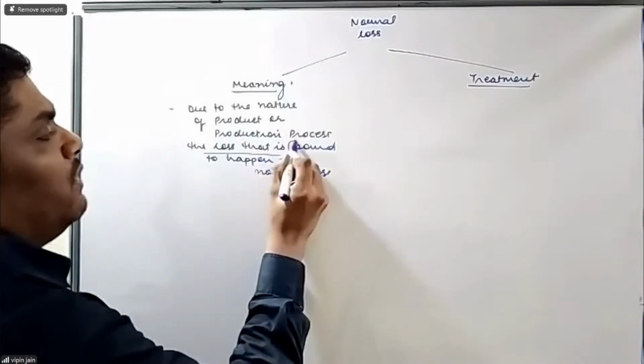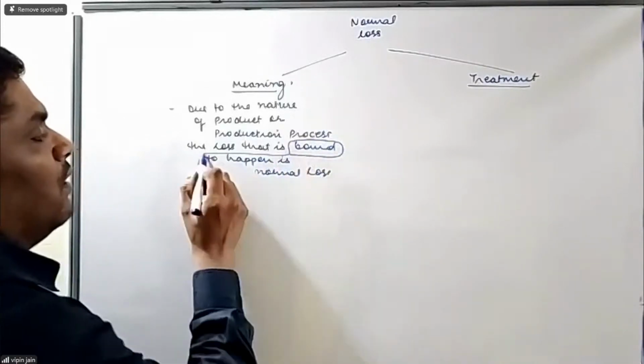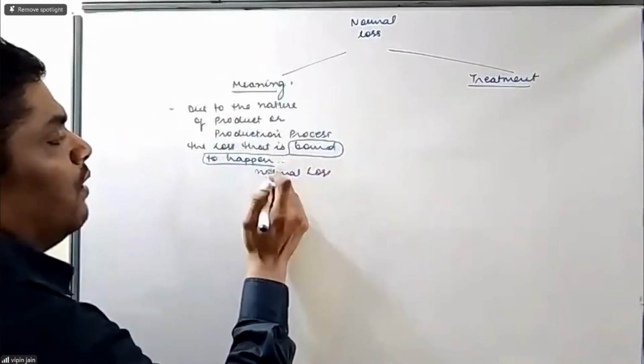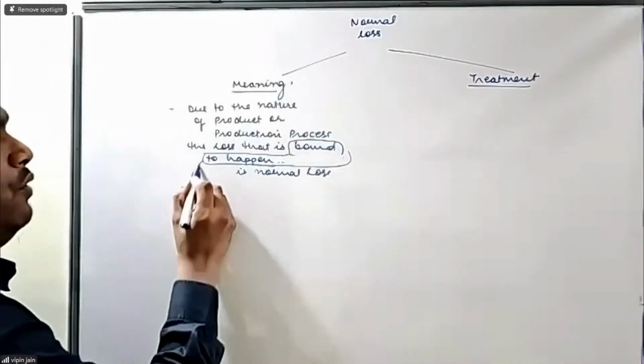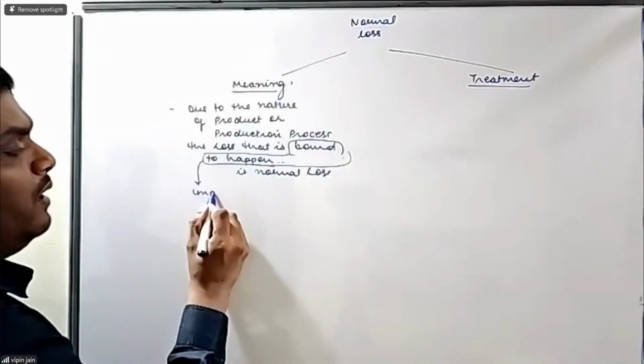Bound to happen means what? It is unavoidable.